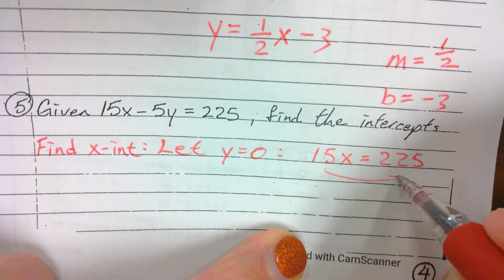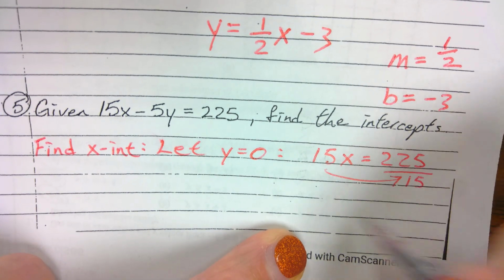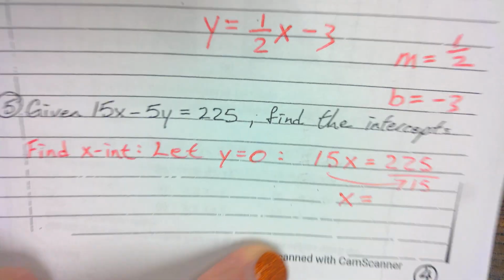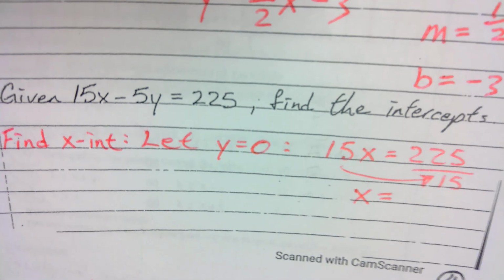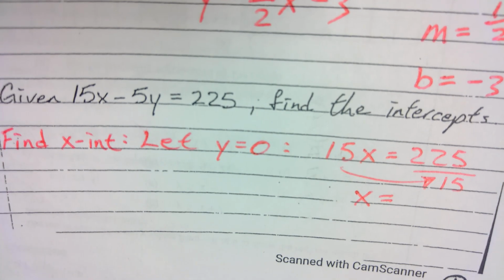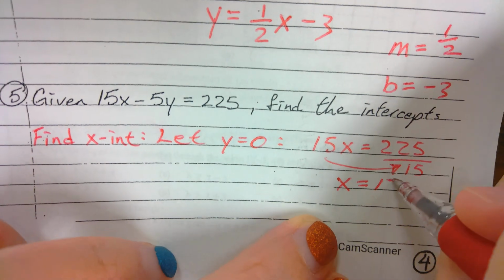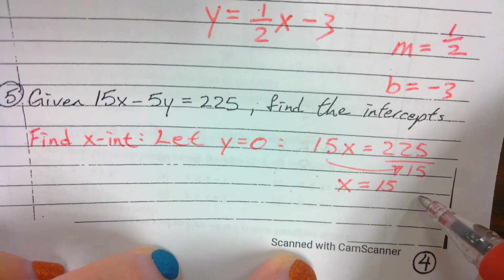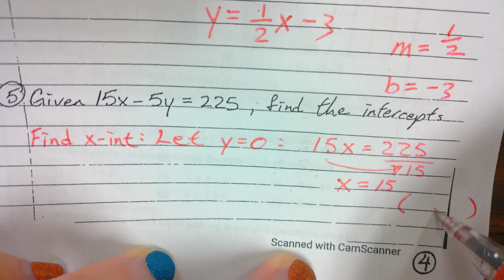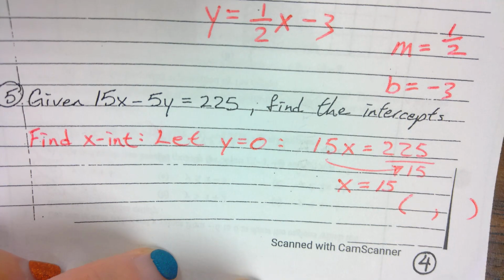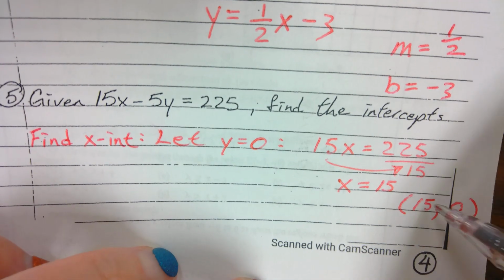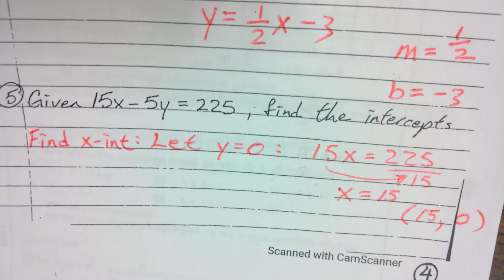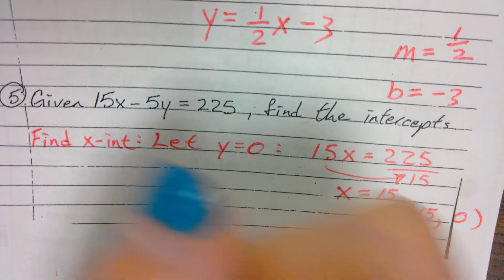Divide that by 15. So x equals 225 divided by 15. You get 15. What's my coordinate here? Kaden? 15, 0. Okay, good.